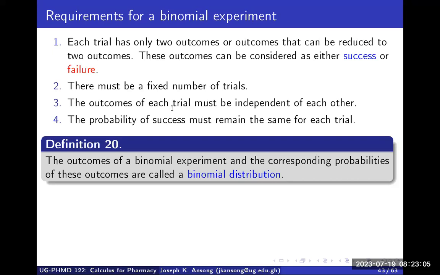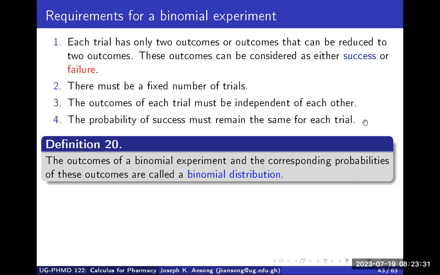The outcomes of each trial must be independent of each other. So one outcome must not depend on the other one. If they are dependent, you can't use the binomial distribution or its formulas. And the probability of success must be the same for each of the trials.